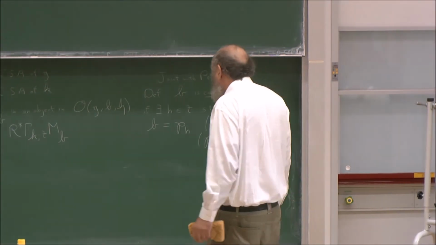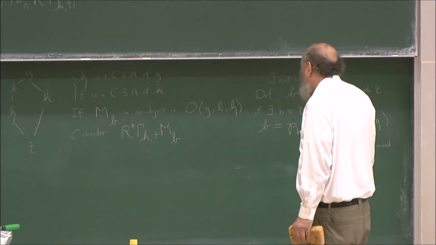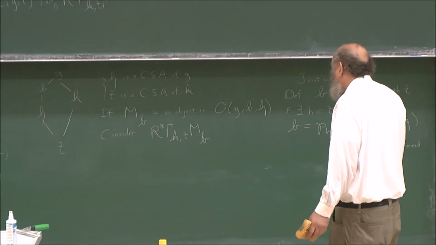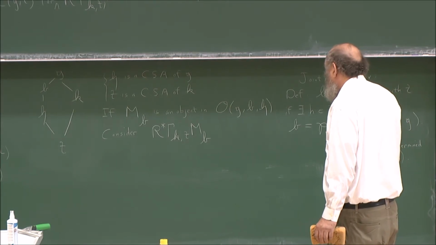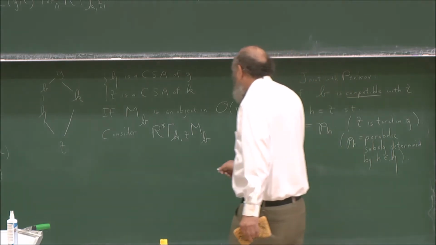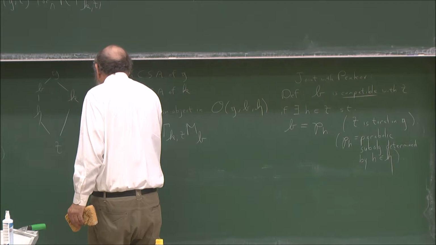And in this case, we're getting a rather strong restriction on G. So what is the consequence of the restriction?